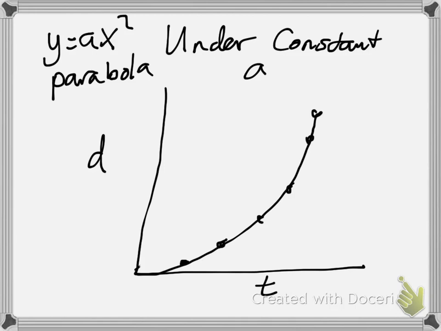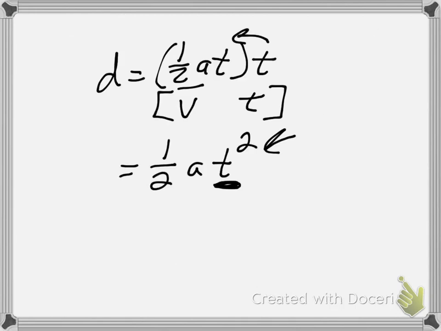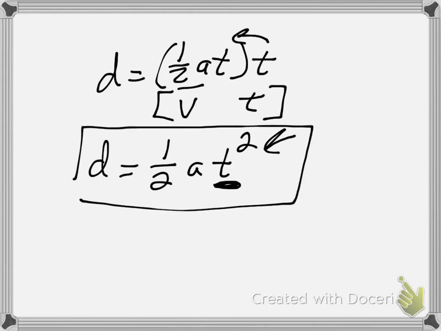Now, this is going to be an extremely important formula going down the road: d equals 1/2 at squared. And this was under the condition of constant a, but this was also assuming that v initial equals 0.